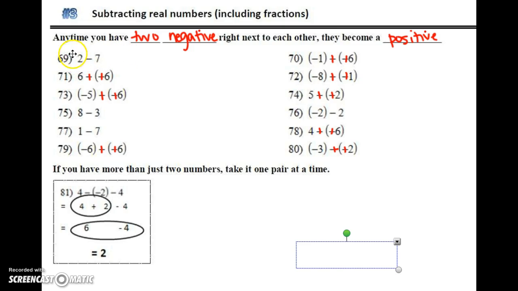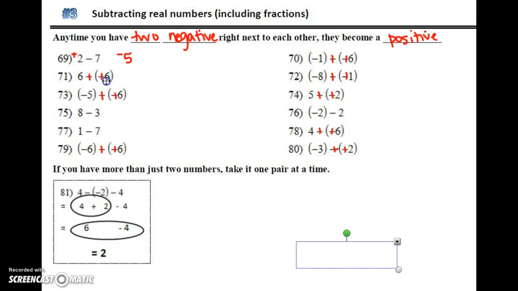So here we have, let's think of it as a positive 2 and a negative 7. So different signs. So we're going to subtract, and we always subtract the smaller from the bigger. So 7 minus 2 is 5. And then we keep the sign of the bigger one. So let's think about which one's bigger, 7 or 2. And 7's bigger, so negative 5. So for the next one, we've already changed it here.